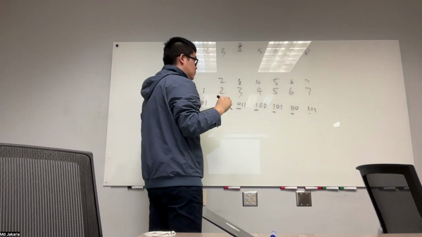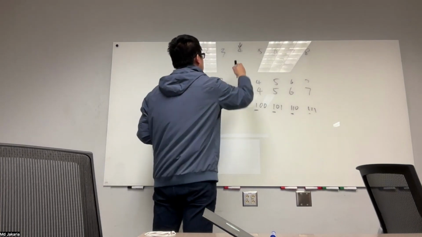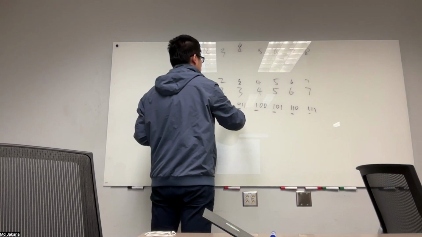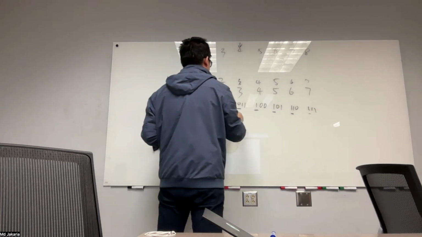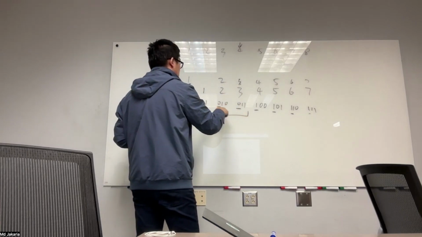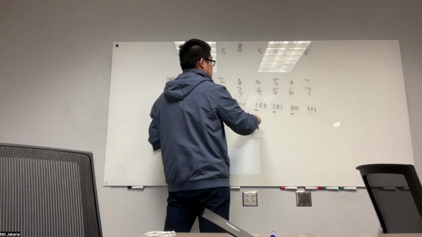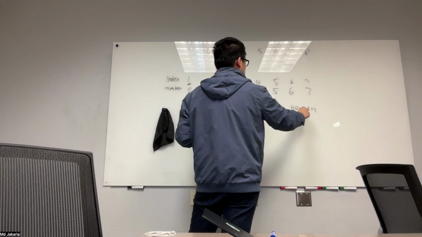If no numbers are missing, then the most significant bit for index number 4 should be 0, because that is the first half of the list, where all the most significant bits are 0. And then the second half will have the most significant bit as 1.